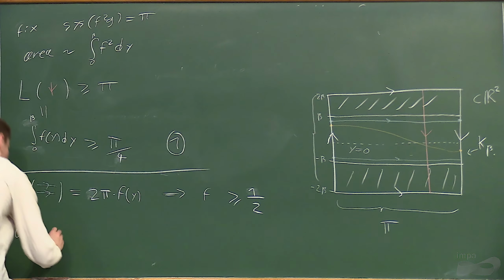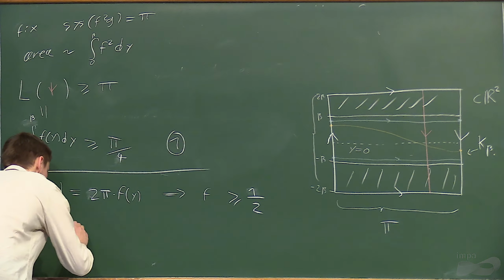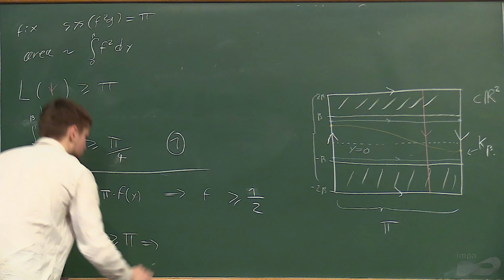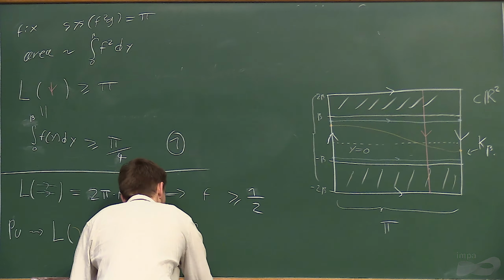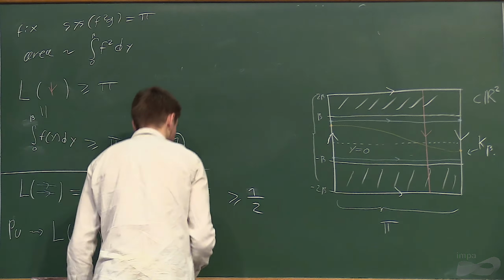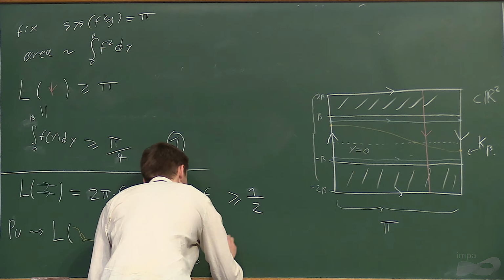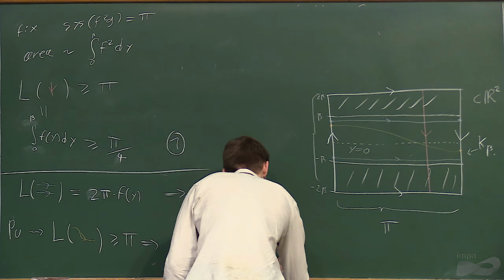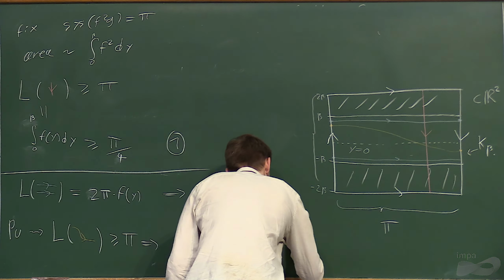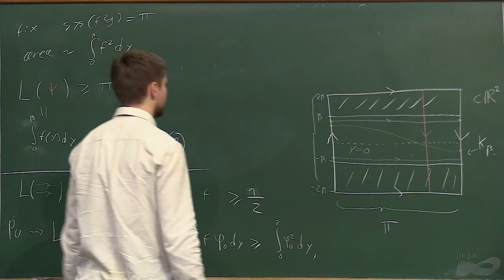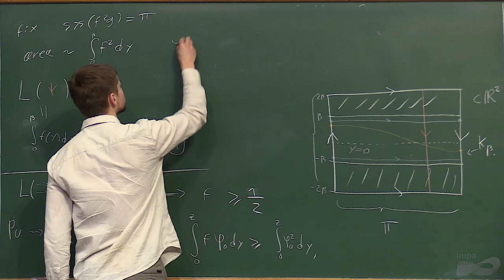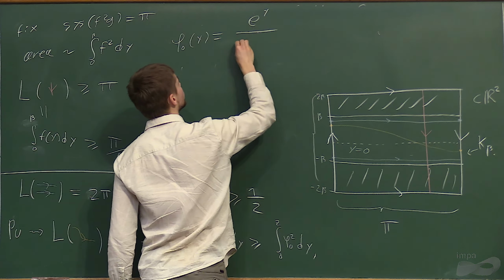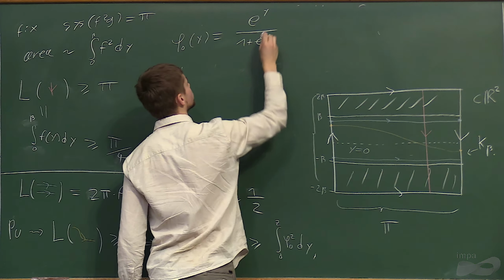And if you look at it carefully, you get that if the length of all these curves is bigger than or equal to pi, then this gives us some constraint that for all z between 0 and beta, we have that f times phi 0 has to be bigger than the integral from 0 to z of phi 0 squared, where phi 0 is a specific known function, so phi 0 of y is e to the y over 1 plus e to the 2y.